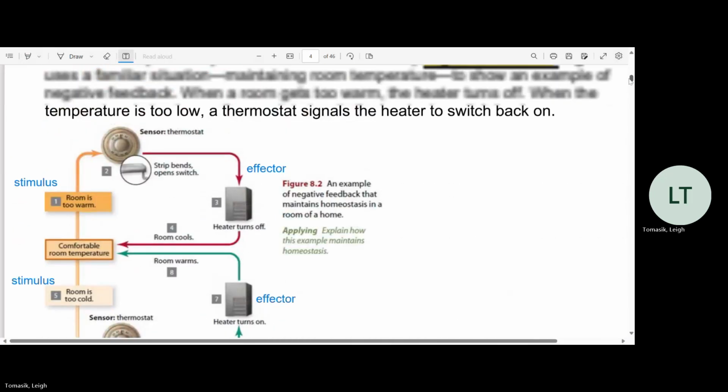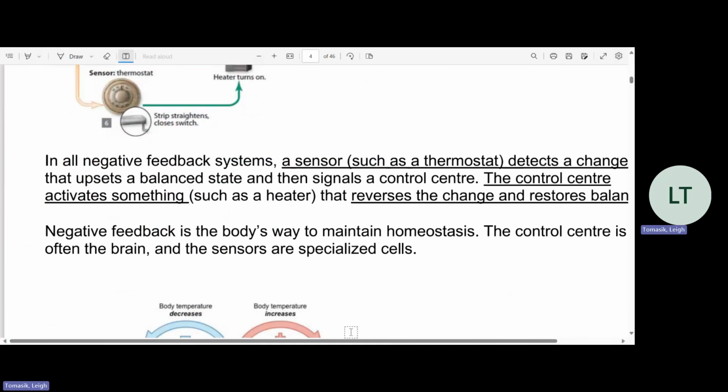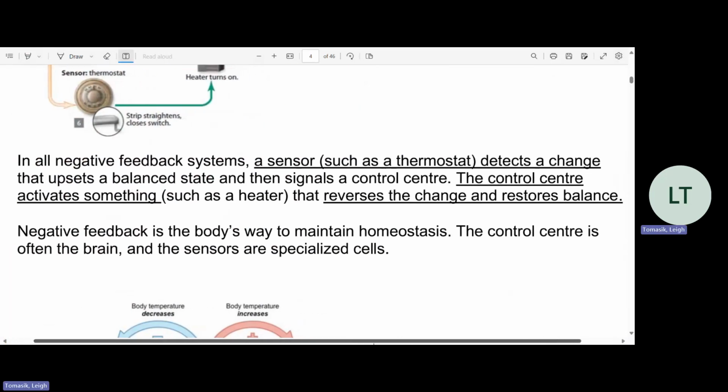So it says in all negative feedback systems, a sensor, such as your thermostat, detects a change that upsets the balance state and then signals a control center. The control center activates something, such as a heater, that reverses the change and restores balance.